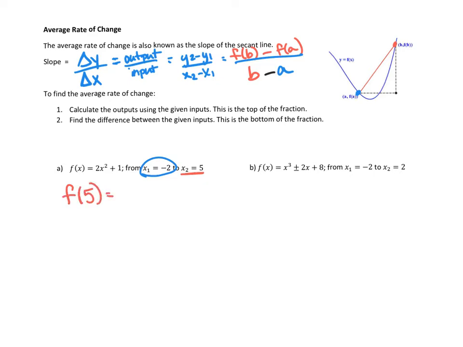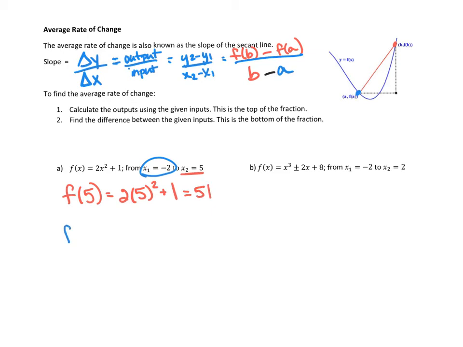So f of 5 is equal to 2 times 5 squared plus 1. All I've done is plugged in 5 for the x. We'll calculate this with our order of operations, which says 5 squared is 25, times 2 is 50, plus 1 equals 51.